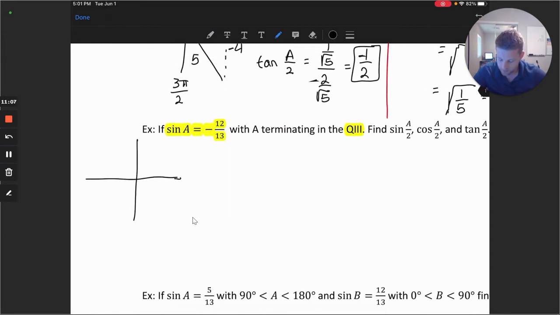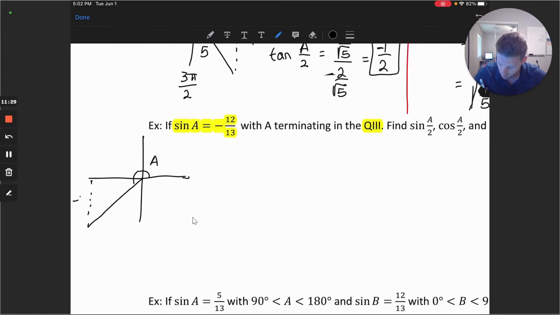So for our sine here, make our triangle of this angle that goes through A here. The sine of this angle is negative 12 over 13. So this side will be negative 12, and the hypotenuse is 13.